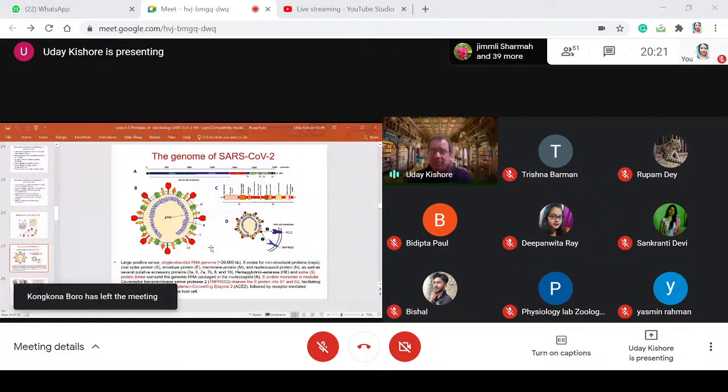The most important aspect is the spike protein, the S protein, which forms a trimer on the surface, and that is the main protein that interacts with the ACE2 receptor on the host cell, and the co-receptor TMPRSS2, which causes the cleavage of the protein, and that leads to internalization of the virus.